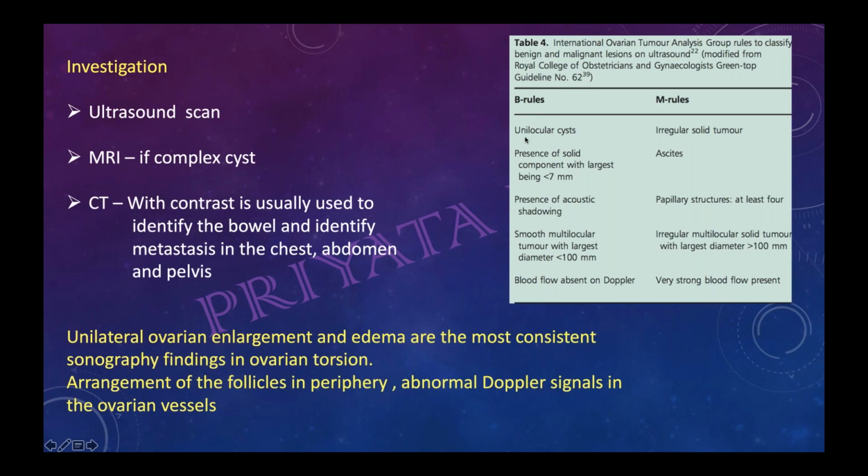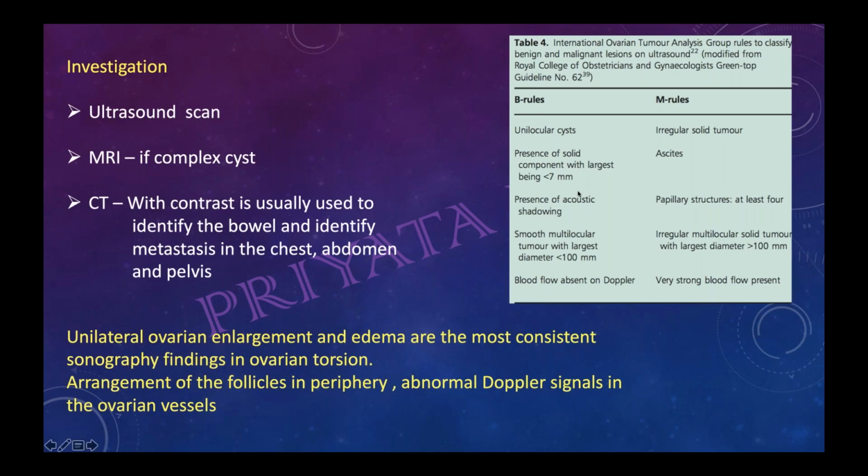So what are the B rules? One, a cyst, that is a unilocular cyst, and if any solid area is seen, its diameter will be less than 7 mm. So you just see how very small it will be. And acoustic shadowing: if you are a person who does ultrasound, you will find at the posterior wall, because the fluid is there, there could be enhancement on the posterior wall.